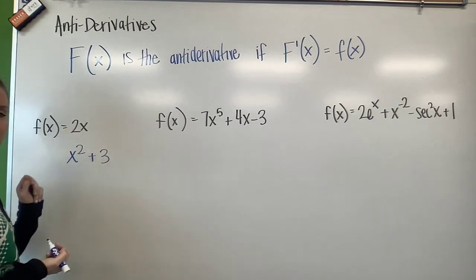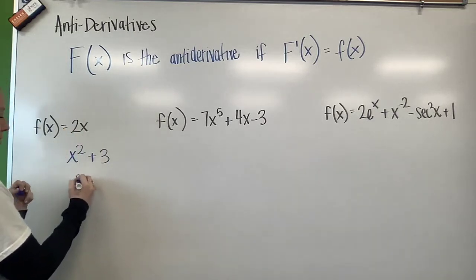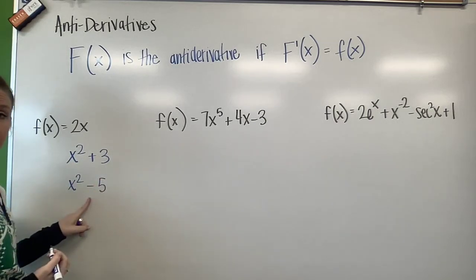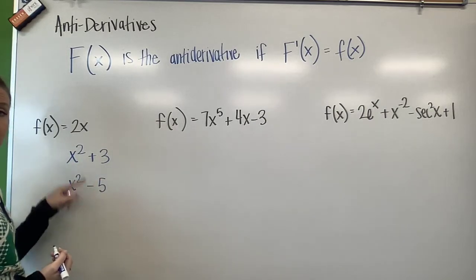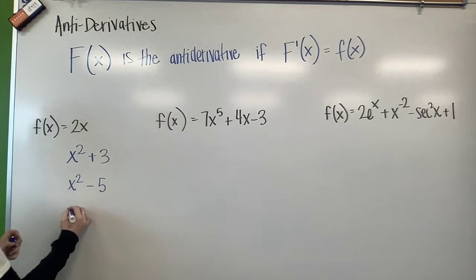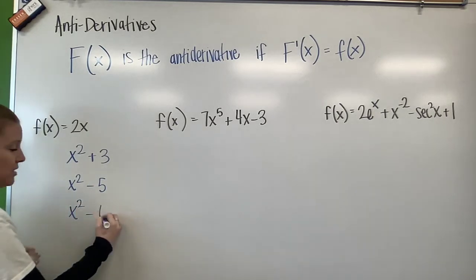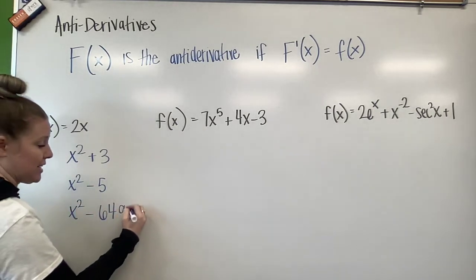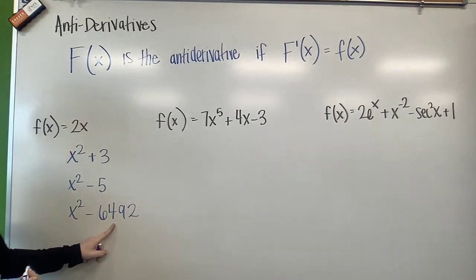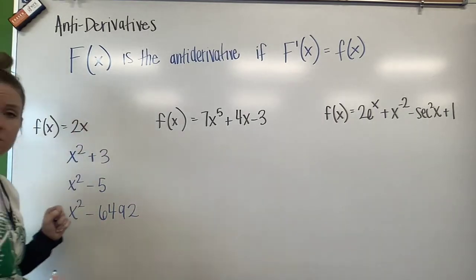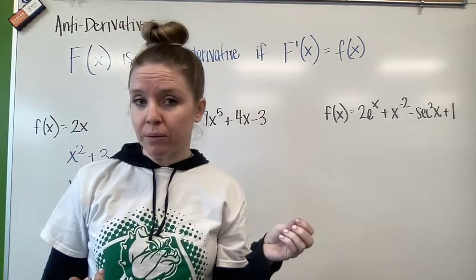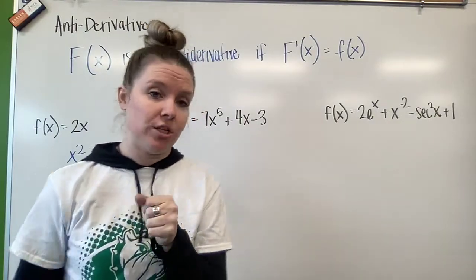The derivative is still 2x. What about x squared minus 5? The derivative is still 2x. x squared minus 6,492. The derivative is still 2x. So we don't know if there was a constant on the original function.